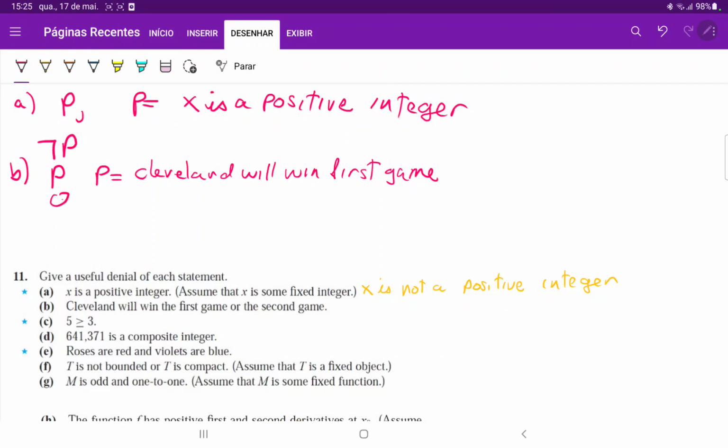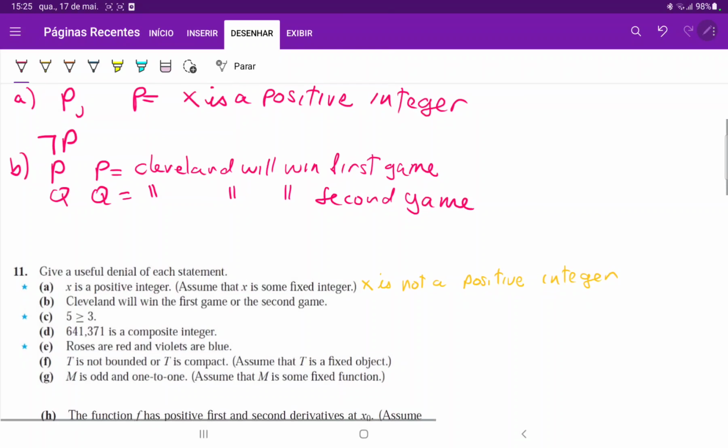And then we have Q, where Q is Cleveland will win the second game. When I put these marks, I'm just saying I'm repeating that sentence. So my propositional form is P or Q, right? Which means Cleveland will win the first game or Cleveland will win the second game.